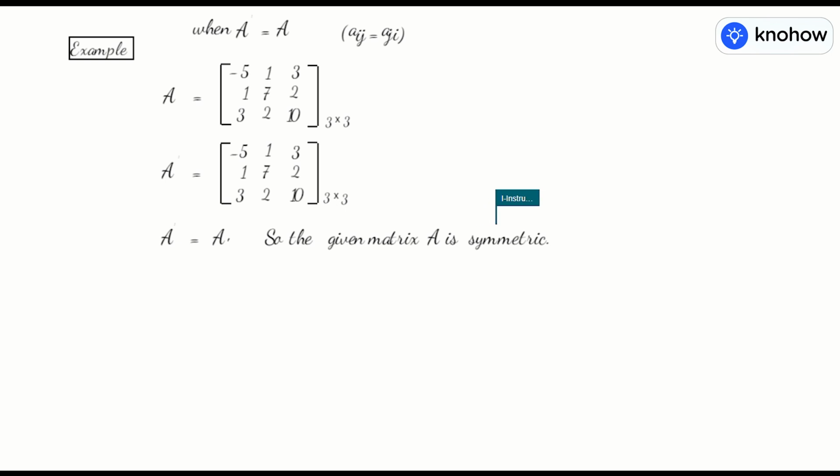Now next definition, what is a skew symmetric matrix? Again, like in the case of symmetric, it has to be a square matrix.